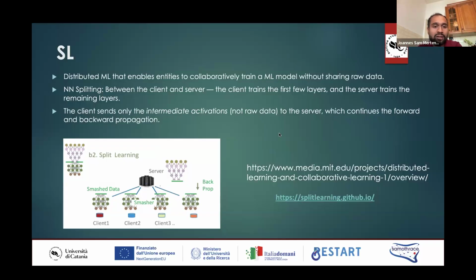Only the activations are being exchanged, not the complete model parameters. So even if an attacker attacks the link, you cannot actually generate data with those activations. This is more secure, but there are also disadvantages, meaning that it consumes a lot of communication resources exchanging activations back and forth.